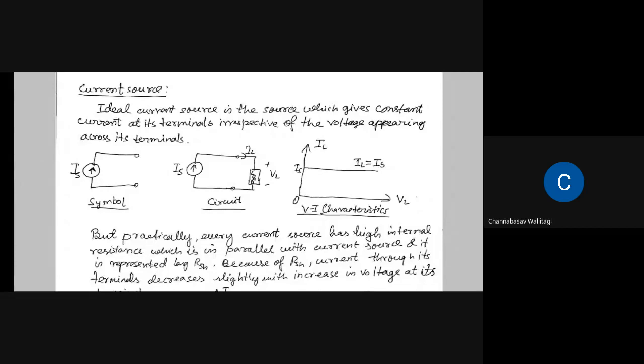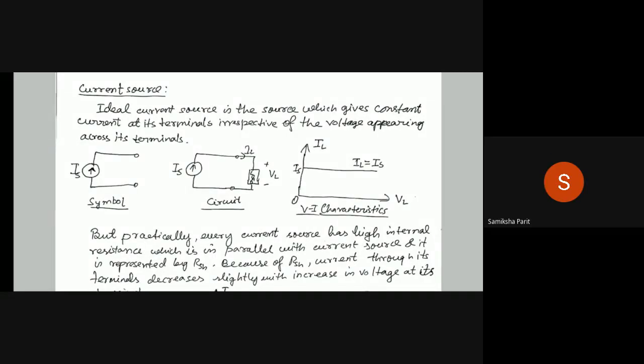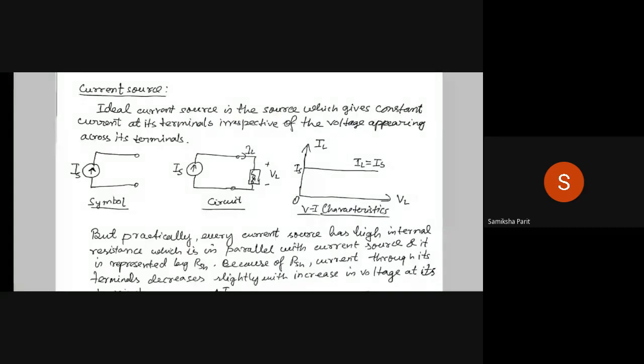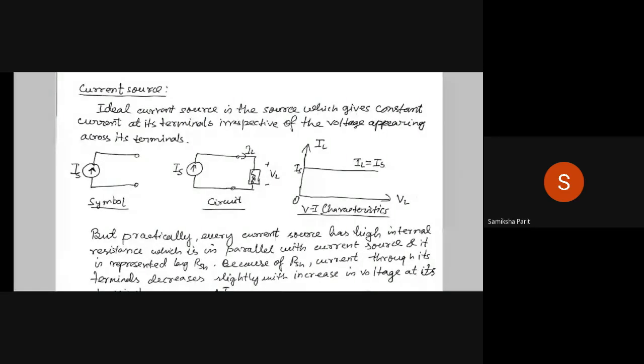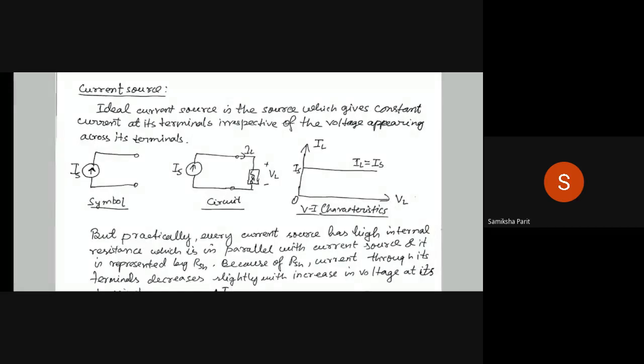And current source is shown like this. Now, similarly, ideal current source is something which gives constant current at its terminals irrespective of the voltage appearing across its terminals. Means, whatever the voltage you are applying or it is appearing, you will get a constant current.